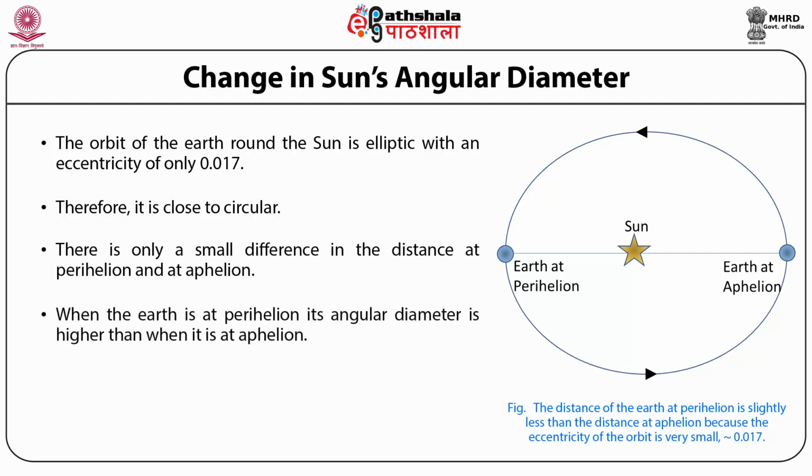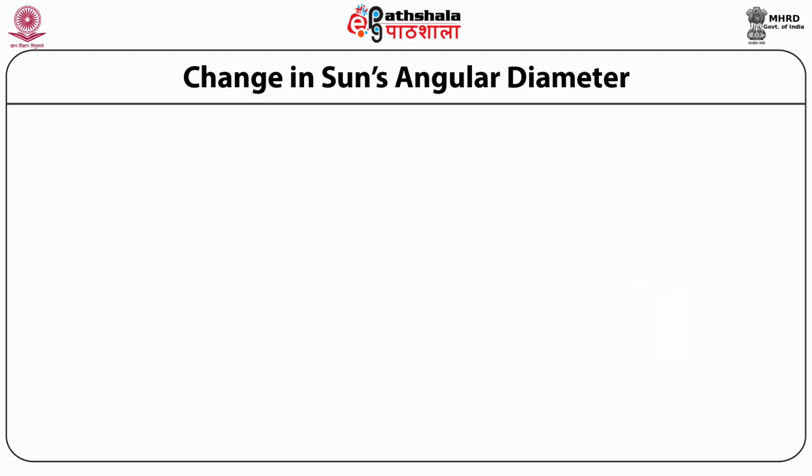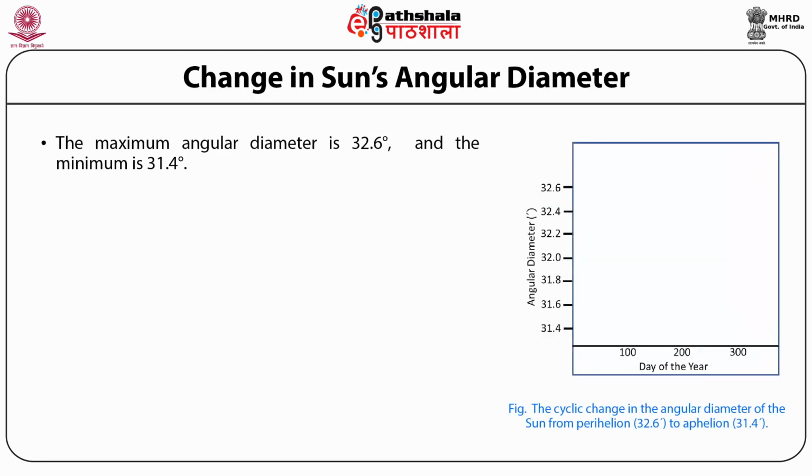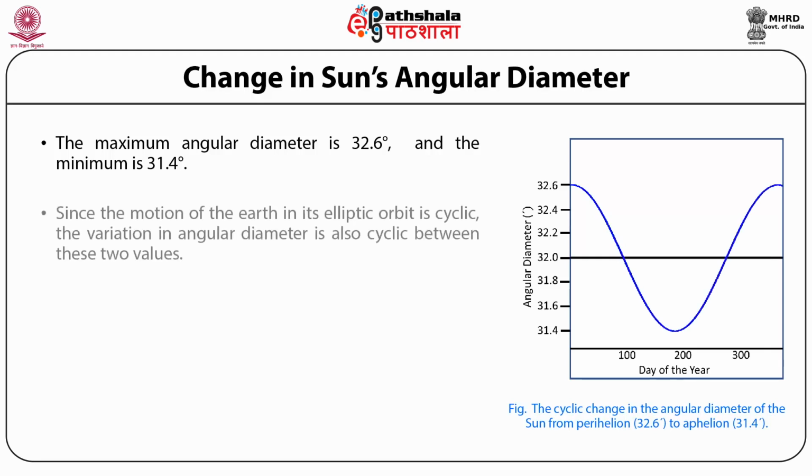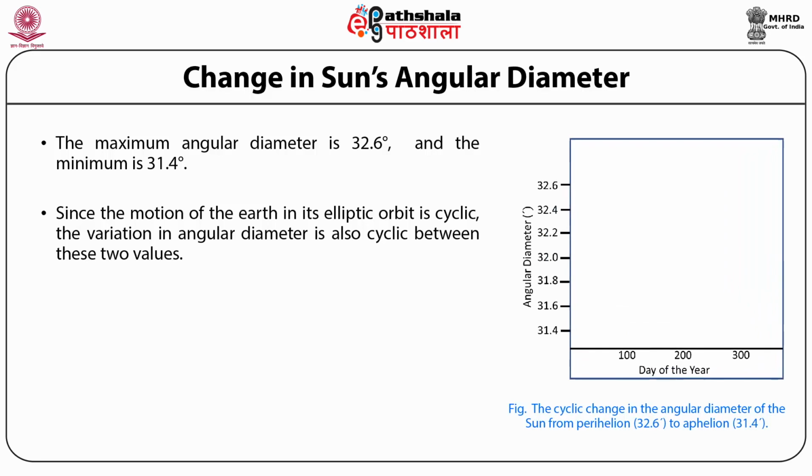So when the Earth is at perihelion, the Sun's angular diameter is higher than when it is at aphelion. The maximum angular diameter is 32.6 and the minimum is 31.4. Since the motion of the Earth in its elliptical orbit is cyclic, the variation in angular diameter is also cyclic between these two values.